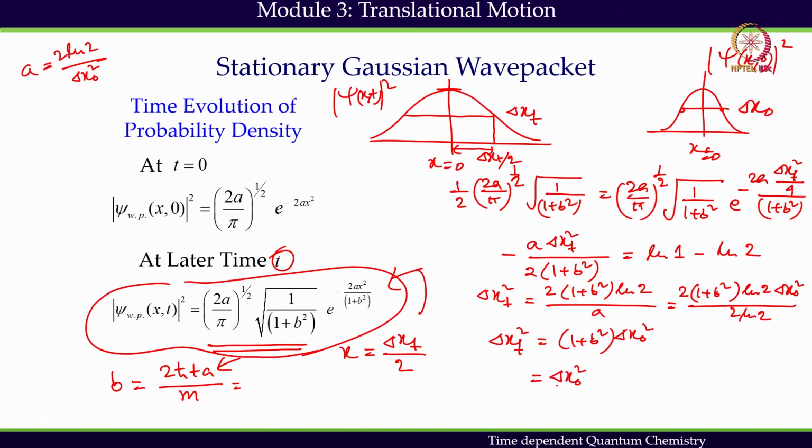I am skipping few steps here. You can take a look at these steps very easily. It's tedious, but it is easy to do. 4 h cut square t square 2 ln 2 whole square divided by m square delta x naught square.